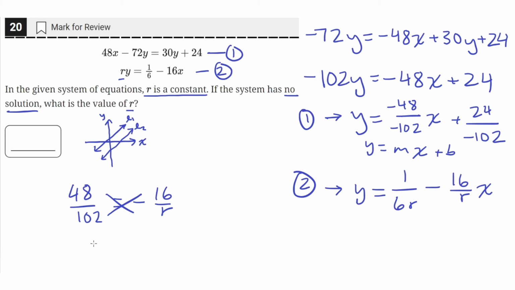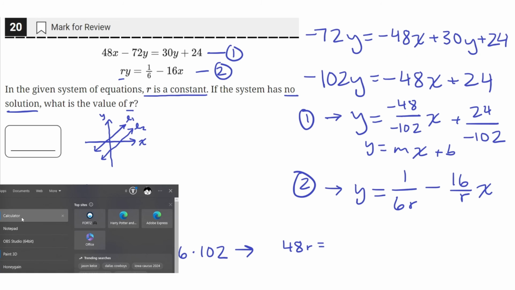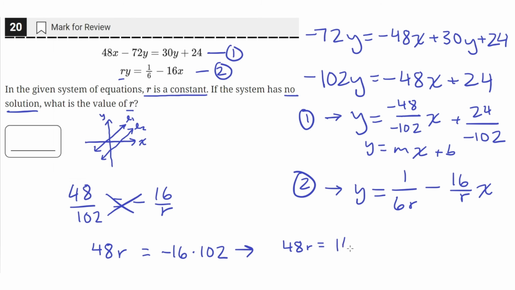So 48r equals negative 16 times 102. If we get out our calculator, 16 times 102 is 1,632. And this will be negative since the 16 was negative.